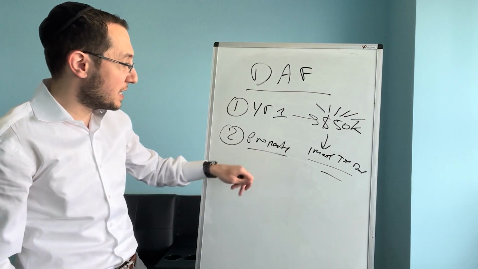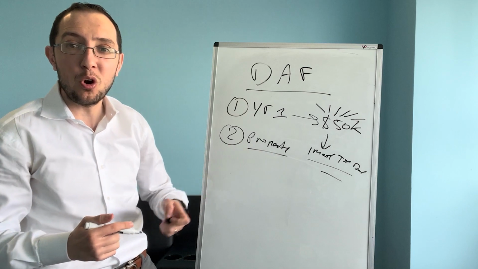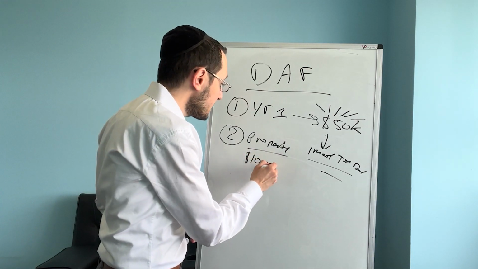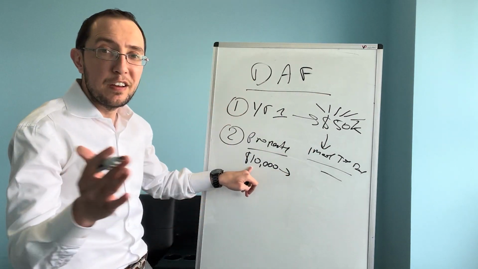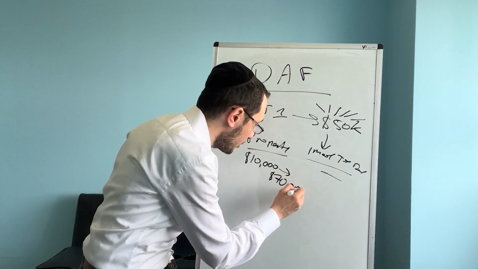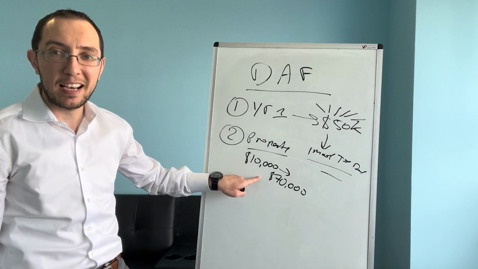What I like about this is that you can donate appreciated property. For example, let's say you own a stock that you bought for $10,000 and you held it for more than 1 year. 5 years passed, and this stock is now worth $70,000. If you cash out on this, you're going to pay capital gains tax.